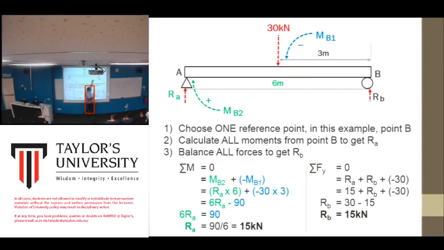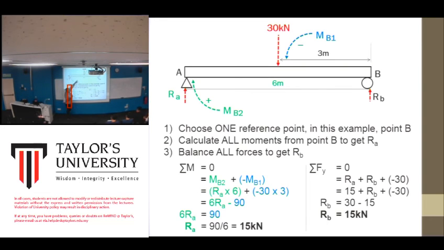RA going up, so it is positive. RA times the distance, which is 6 meter, plus the load that is going down.